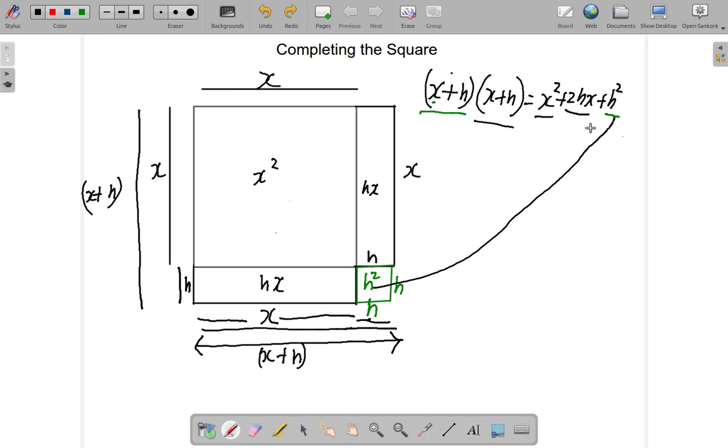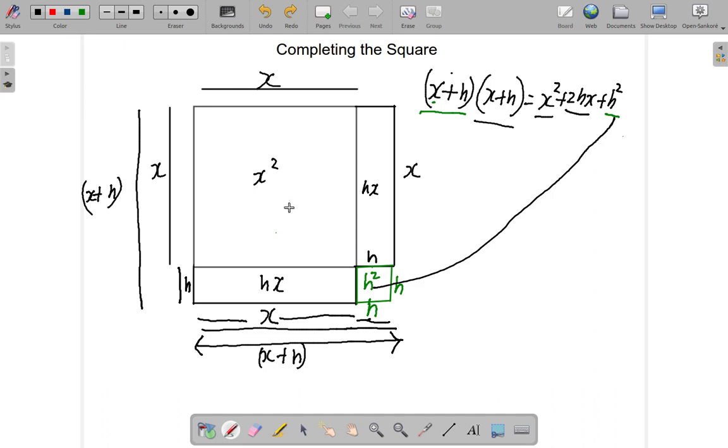Therefore, generally, remember this is to help you get the concept. You wouldn't necessarily be drawing squares and rectangles in an exam, but what is important for you to remember is that in order to complete the square, you must add half the coefficient of x and then you square it.